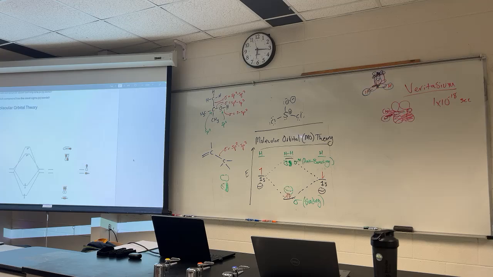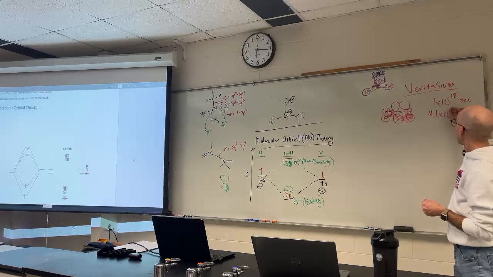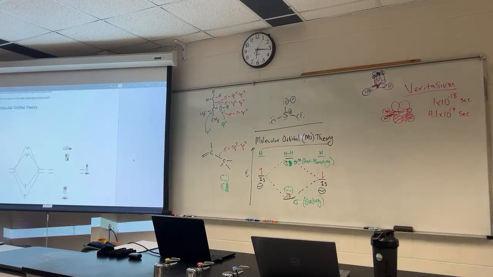And for scale, there have been 4 × 10¹⁷ seconds in the 13 billion year lifespan of the universe. So the attosecond is to the second what the second is to the scale of the universe.